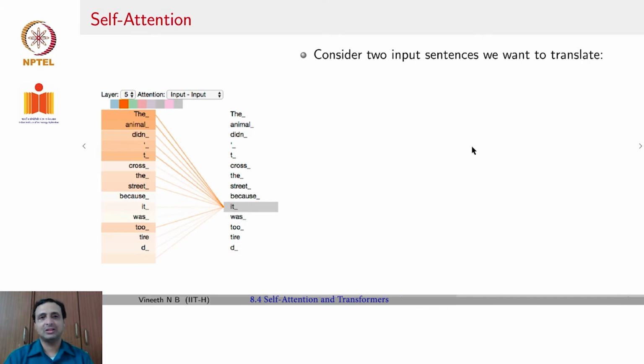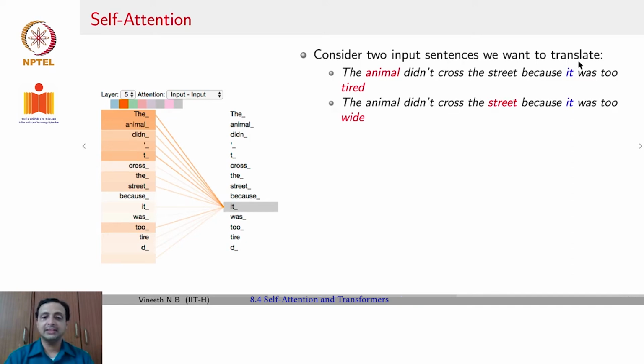Let's start with self-attention, which is one of the unique features that this work introduced. So let's consider two input sentences that we'd like to translate. One sentence reads, "The animal didn't cross the street because it was too tired." And the second sentence is, "The animal didn't cross the street because it was too wide."